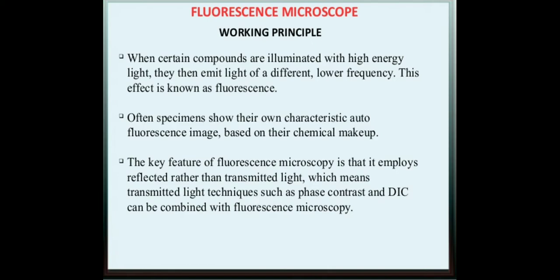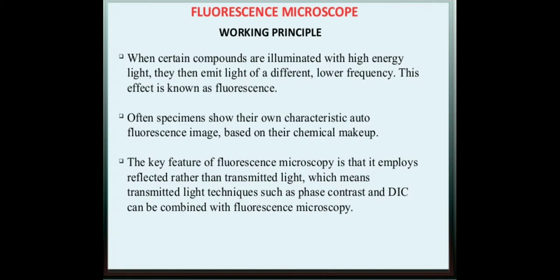fluorescence microscope. The working principle of the fluorescence microscope is that when certain compounds are illuminated with high energy light, they emit light of a different, lower frequency. This effect is known as fluorescence, and this principle is applied in the fluorescence microscope.